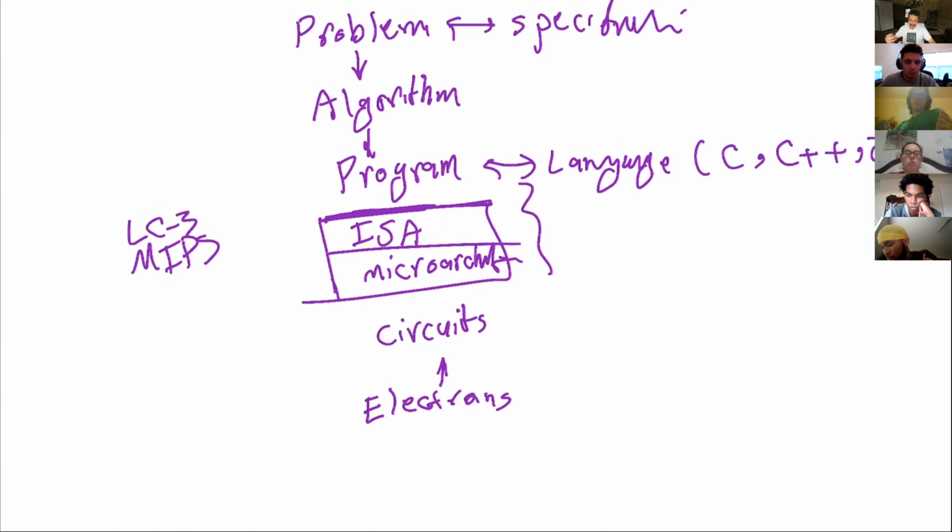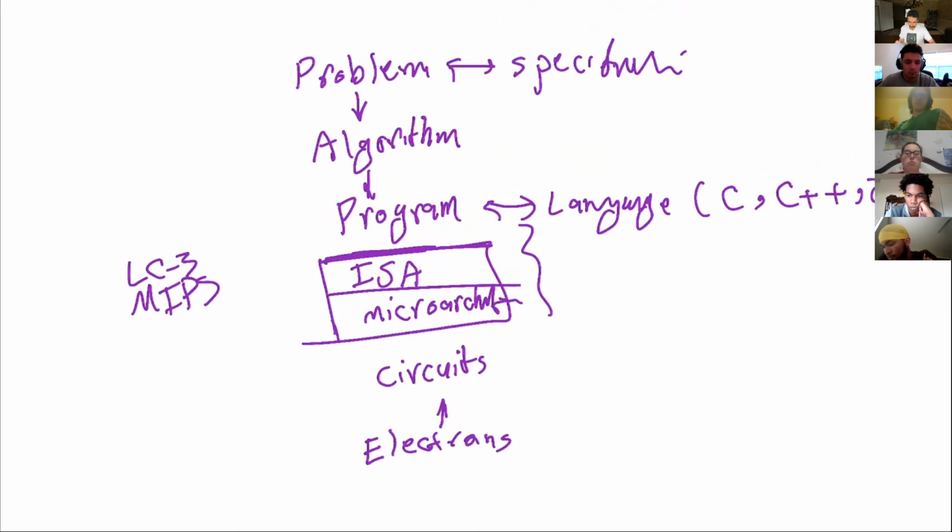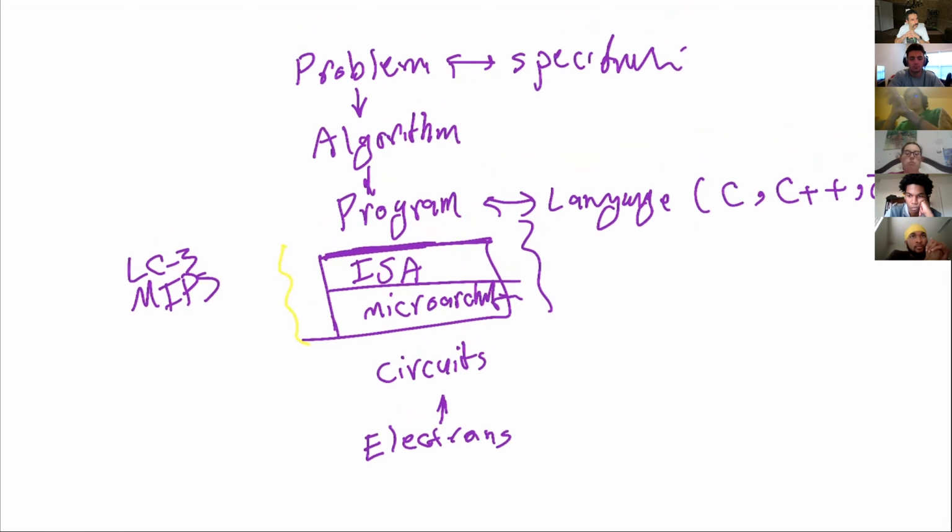And again, to repeat, throughout this course we want to understand these two important layers more deeply, and also be able to write some programs for a particular ISA, MIPS specifically.